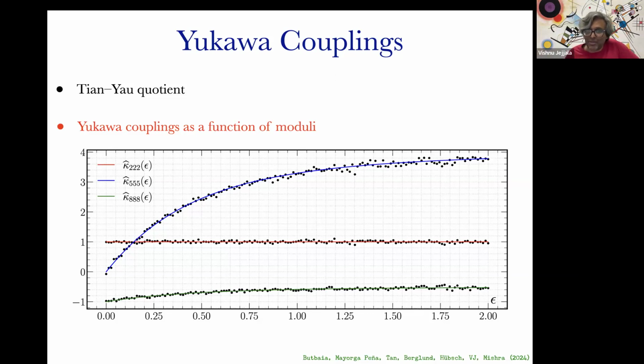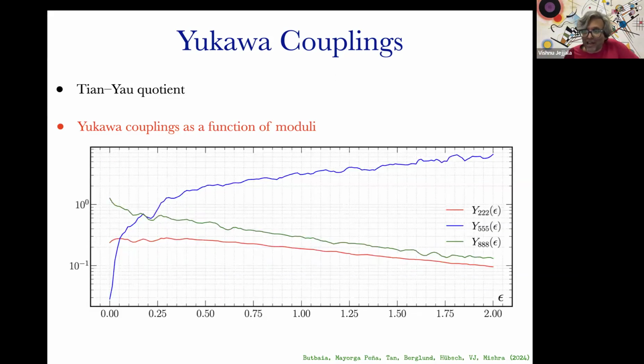What's very interesting about this is if I just give you the raw values of these Yukawa couplings without this normalization by Y111, we see that, without moving very far in complex structure moduli space, we're already seeing two order of magnitude hierarchies developing in these Yukawa couplings. So it may be that the kind of hierarchies we see in standard model Yukawa couplings are not totally unnatural.